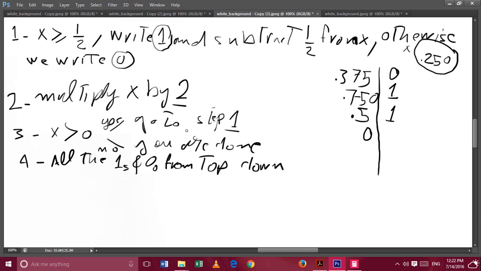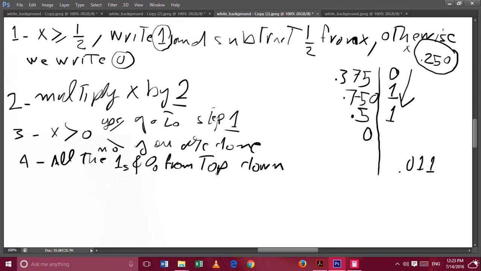No. So this is the end. Now the last part is going to make sense. The binary representation is all the zeros and ones that you got from the top down. So we write the radix point, and we write 0, 1, 1. See? 0, 1, 1 from the top down.